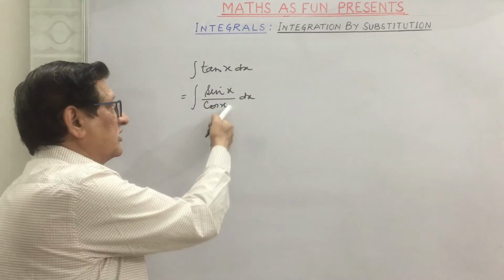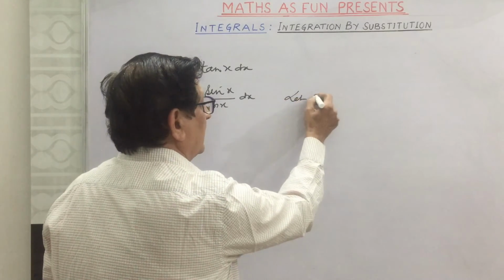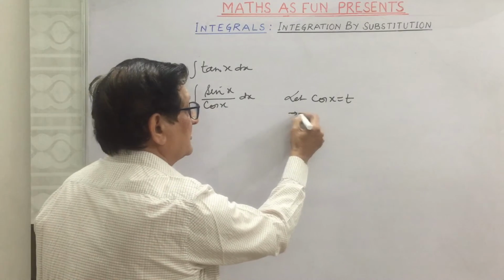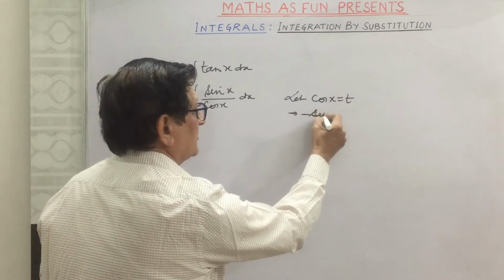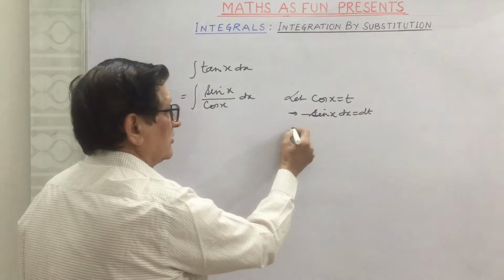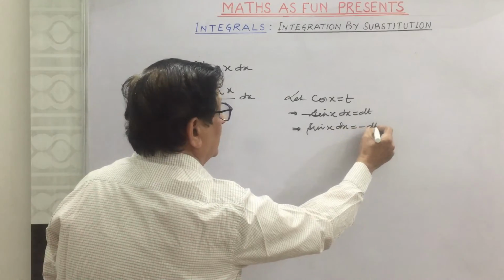And now we know the derivative of cos x is minus sin x, so we can write here let cos x is equal to t, and then differentiating we get minus sin x dx is equal to dt, or sin x dx is equal to minus dt.